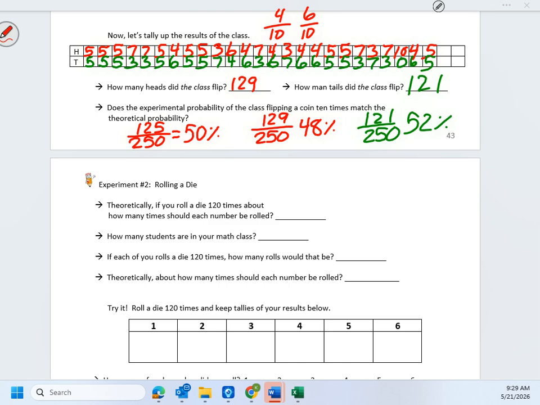What did you have, Rhoda? 70% and 30%. What's closer to that 50%, your individual or the class? The class was closer to that theoretical probability. Was yours 7 and 3, Rhoda? Yeah. And look at Matt's.